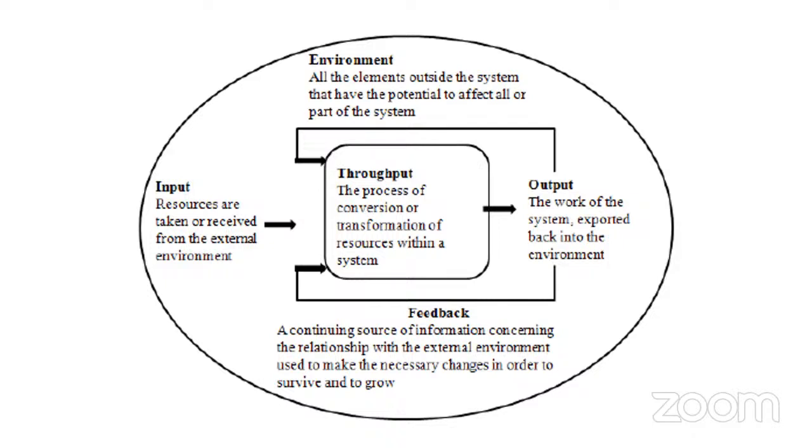The outcome is the output, whatever are the products or the services that are manufactured by the organization. So, an organization takes inputs from the external environment, processes them, converts them into output and gives them to the external environment. In fact, we will discuss it later. I think in the next slide or so, we will come to that point.